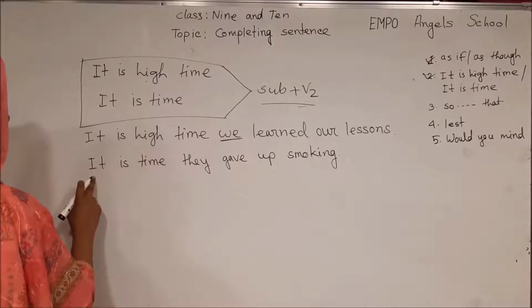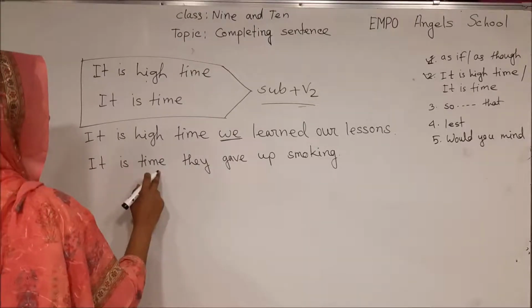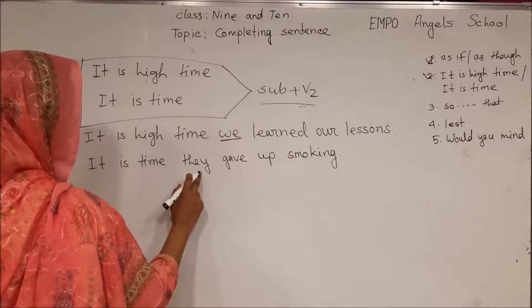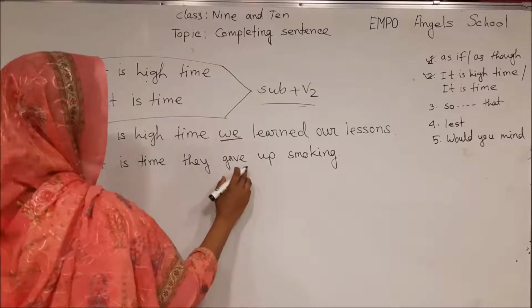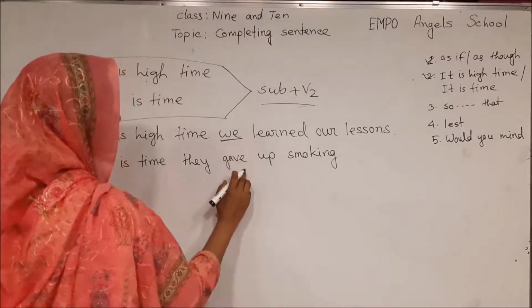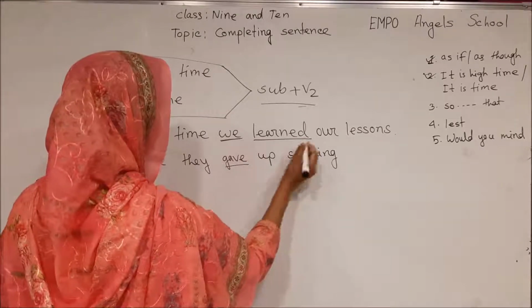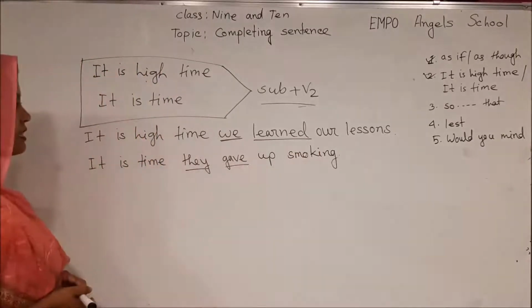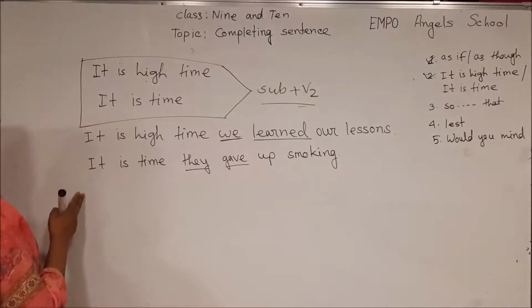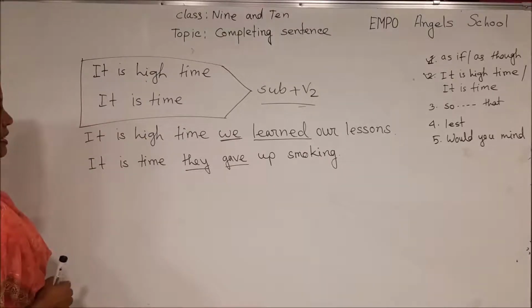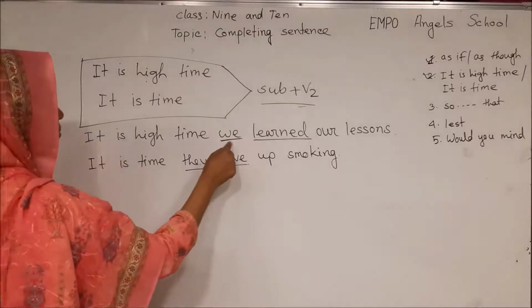In the second sentence, it is time. We have a subject there, and I have taken verb 2 give and others. So students, in the sentences, you can see we have subject.